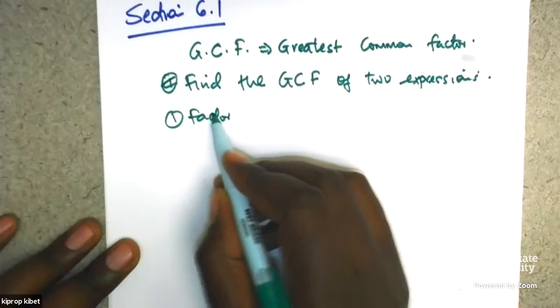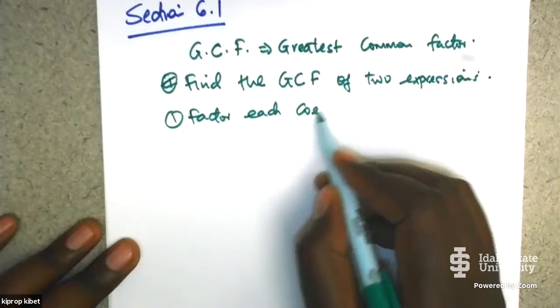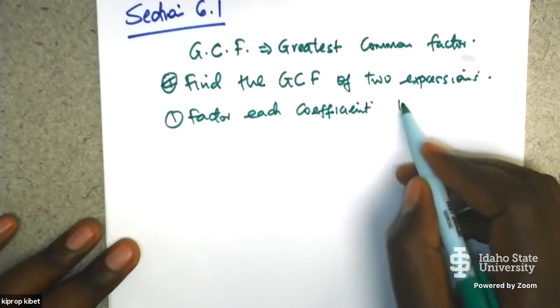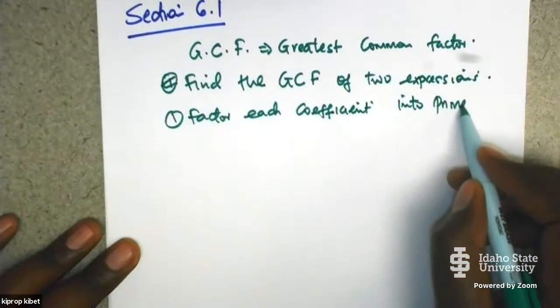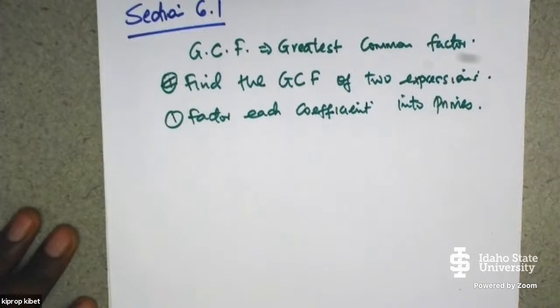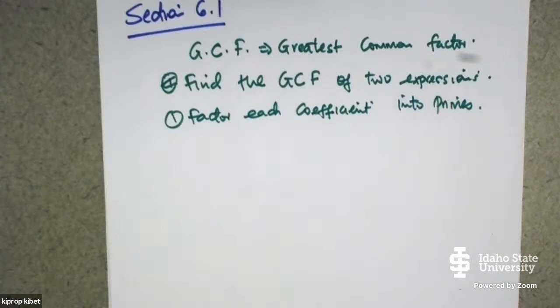Step number 1: factor each coefficient into primes.